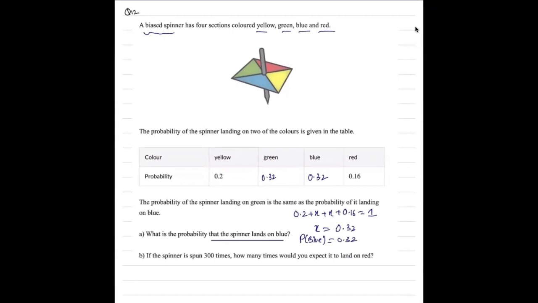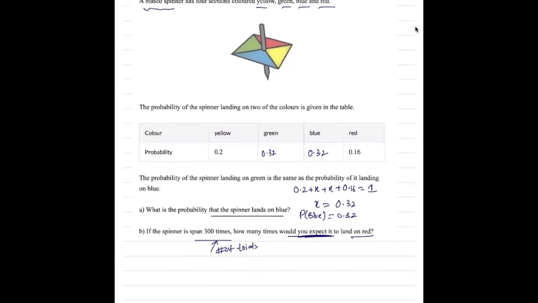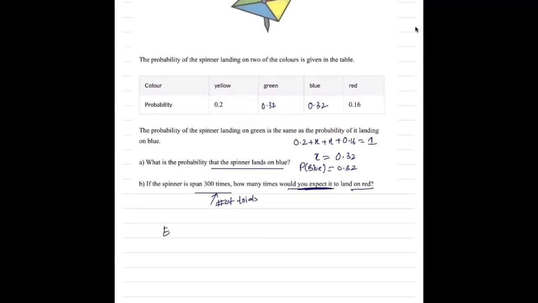If the spinner is spun 300 times, what does the value 300 tell you? The number of trials. How many times would you expect it to land on red? Out of 300 times, based on these probabilities, how many times would you expect it to land on red?